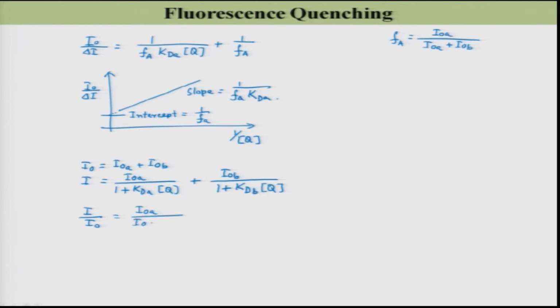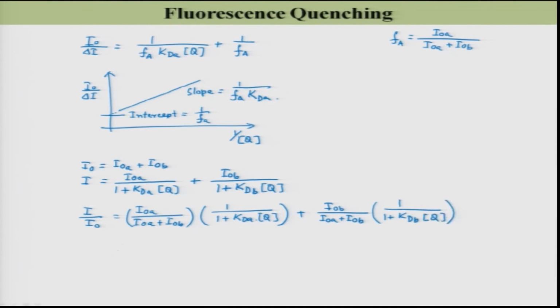This will be equal to I 0 A plus I 0 B into 1 over 1 plus K d A into Q plus I 0 B divided by I 0 A plus I 0 B into 1 over 1 plus K d B into Q. So, this I will write as f a, that is what I have defined this way.